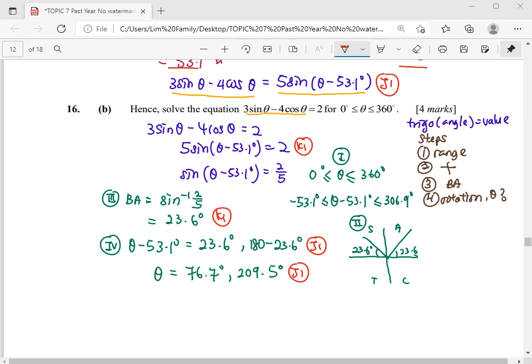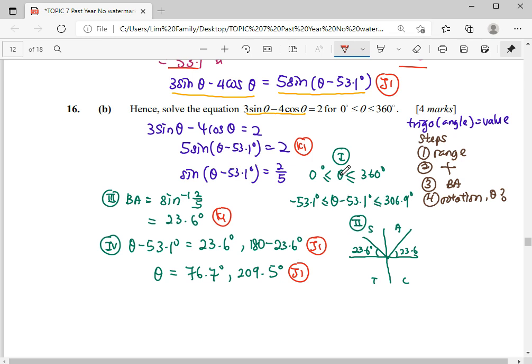So for the range here, originally it comes from the question, which says theta is between 0 and 360. We take this from the question, but we have to refer to the situation of our question here. The latest form I want to solve here is not theta only. Our angle here is already theta minus 53.1.